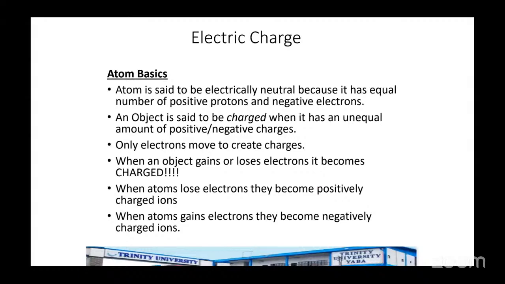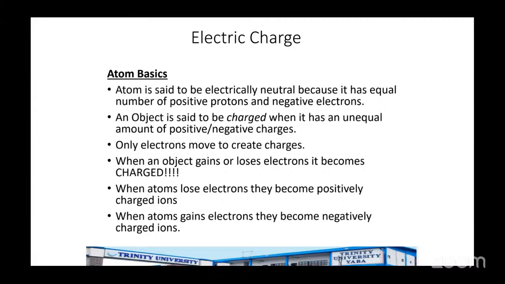So, atom basics. An atom is said to be electrically neutral because it has an equal number of positive protons and negative electrons. The number of electrons in an electrically neutral atom is equal to the number of protons. Because the charges they carry, positive and negative, are of the same magnitude, that is why the atom is electrically neutral.